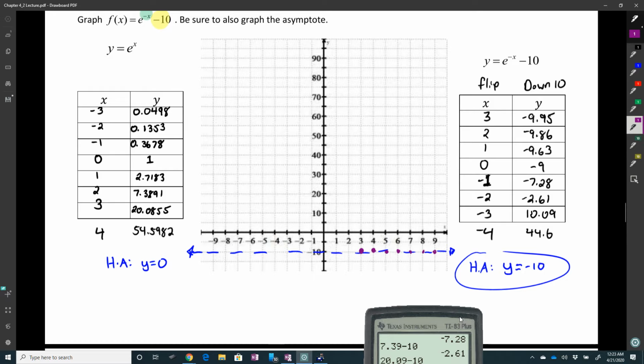2, -9.86. 1, -9.63. 0, -9. Still hard to tell. -1, -7.28. So now we start getting somewhere. It starts to go up a bit. -2, -2.61. -3 hops up to about 10. -4 hops up to about 44.6.